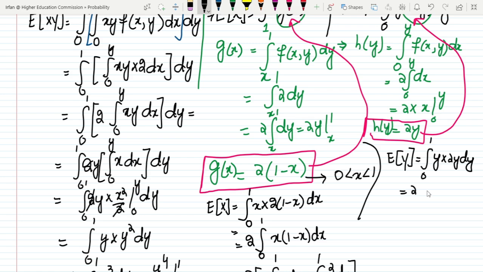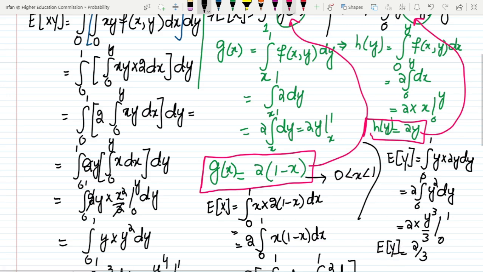So 2 times the integral from 0 to 1 of y squared dy, it would be 2 multiplied by y cubed divided by 3, from 0 to 1. So ultimately the answer would be 2 by 3, and it is the expected value of y. We have found out the expected value of x, expected value of y, and all those values.